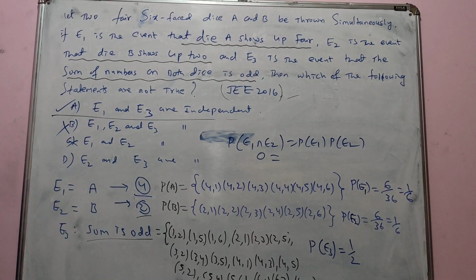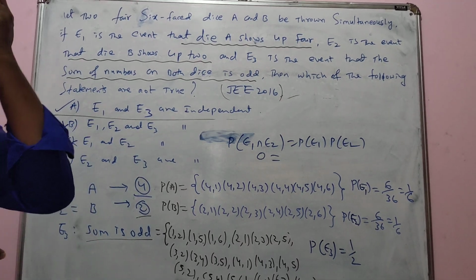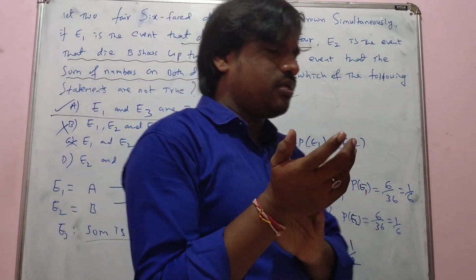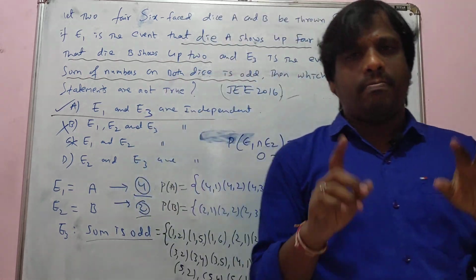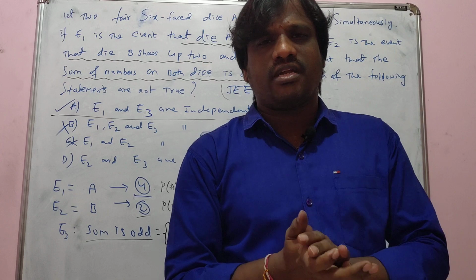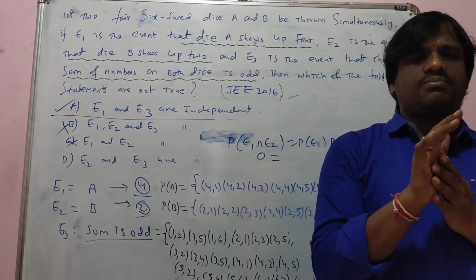We will solve many questions like this on the multiplication theorem. Tomorrow I am going to explain total probability and Bayes theorem, which are very important. I'll take 2 to 3 days to explain everything.